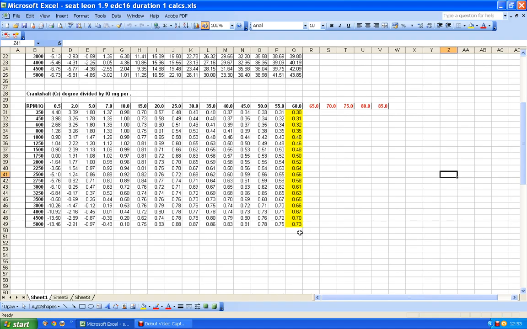Because I'm saying to myself, well, okay, what if 0.73 is the maximum per milligram? If 0.73 is the maximum per milligram, in other words, roughly 44 degrees, then 44 divided by 60, which is 0.73, is the maximum that the injectors in this engine can ever manage.